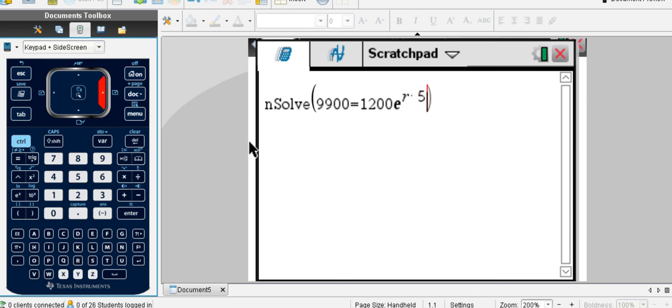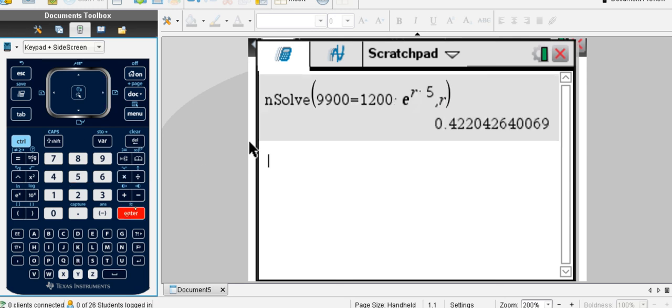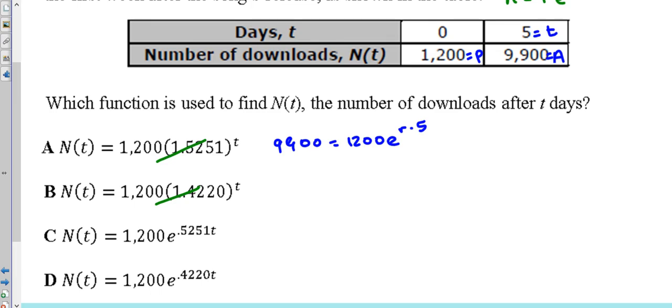And then we would do comma r, and it will say my rate is about 0.422. And so here we could figure out that the r is about 0.422. And as I look down here, that would have to be D is the correct answer.